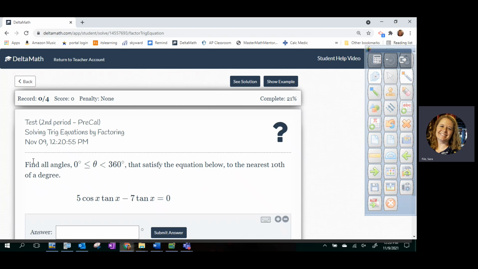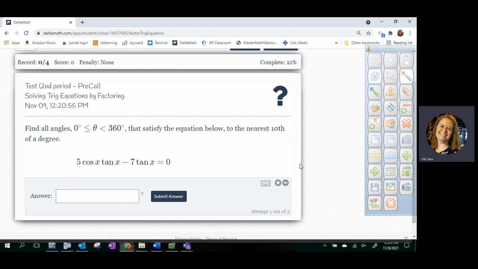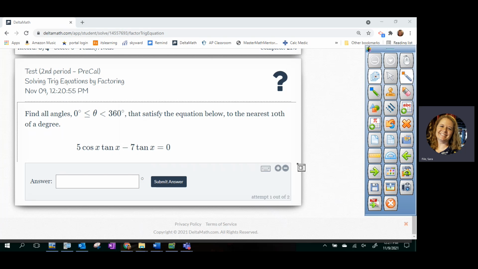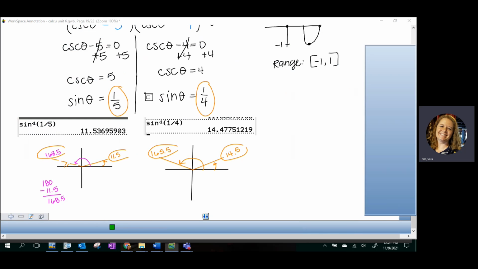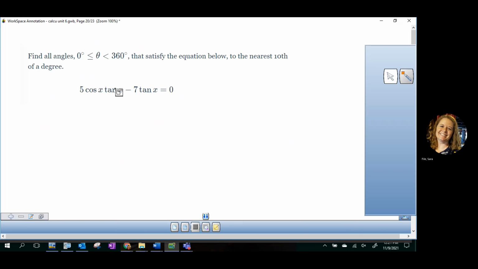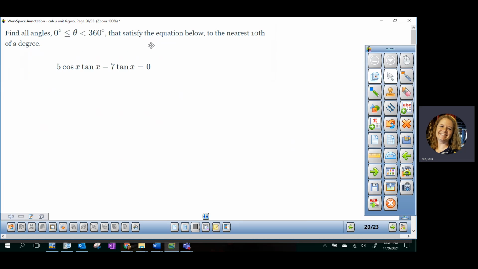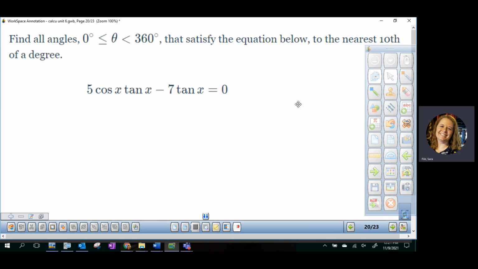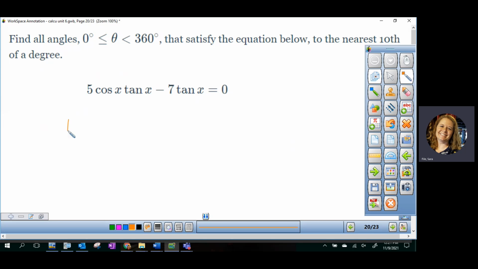Solving trig equations by factoring. So if you have something like this, this is greatest common factor, because the two terms here both have tangent in them, don't they? Okay, so I can factor out a tangent. Tangent comes out of both of those and would leave me with 5 cosine minus 7.